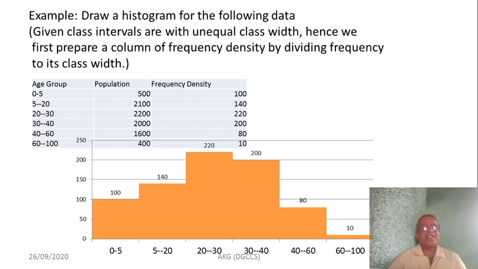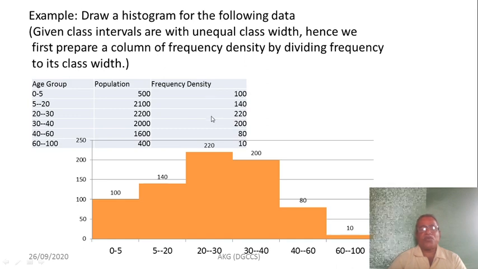For such an example, we want to prepare a column of frequency density. We can compute frequency density by using the formula: frequency of that class divided by class width. So here 500 divided by the class width 5, so 500 divided by 5 is equal to 100.